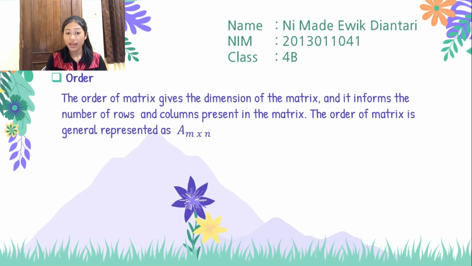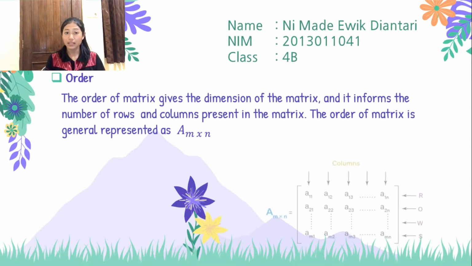The order of a matrix is generally represented as m by n, where m is the number of rows and n is the number of columns in the given matrix. Also, the multiplication answer of the order of matrix m by n gives the number of elements in the matrix.